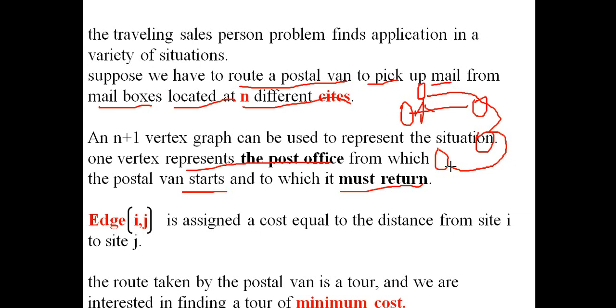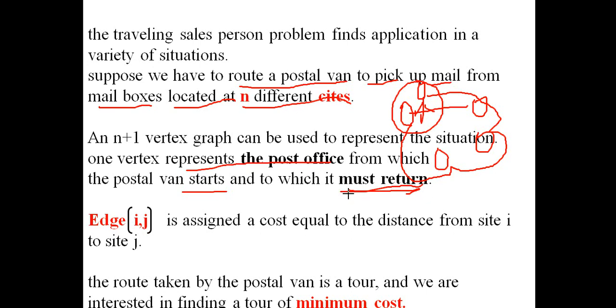You can assume these all are cities. After visiting these cities, he has to come back to his home. That is the aim, so he must return to the original place.